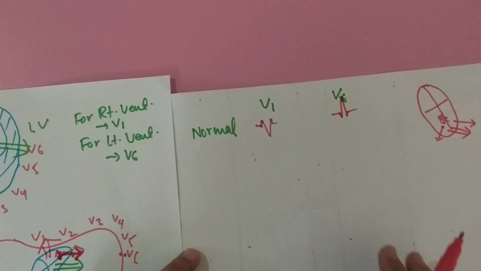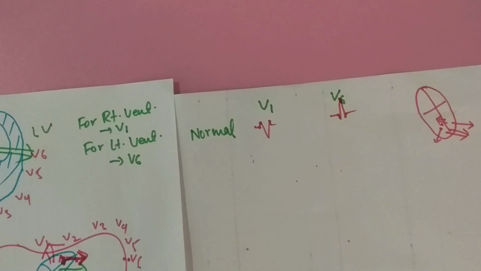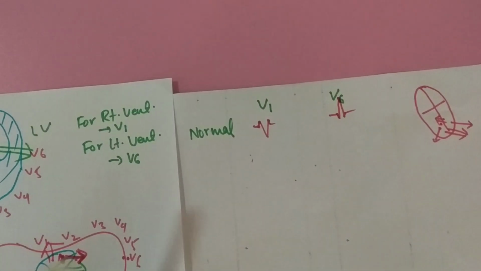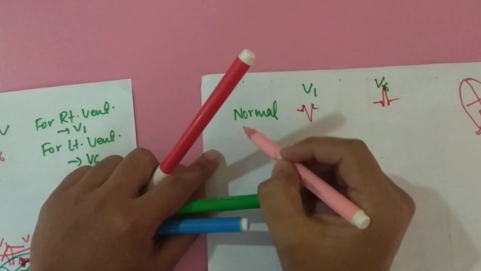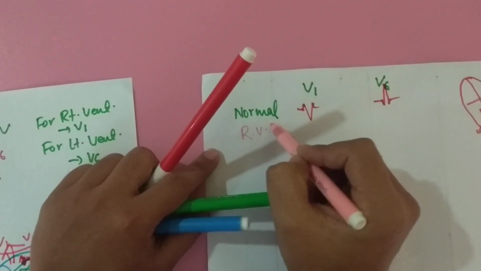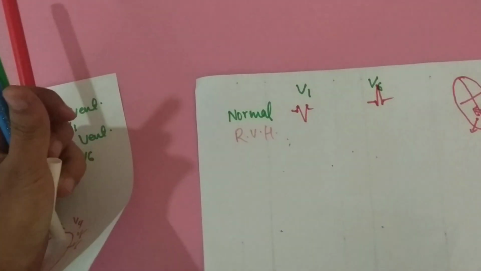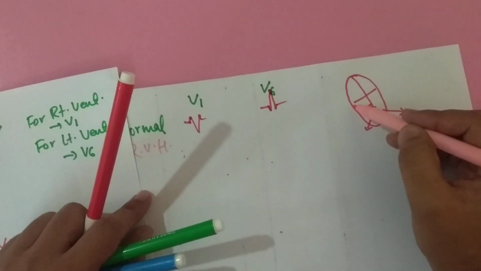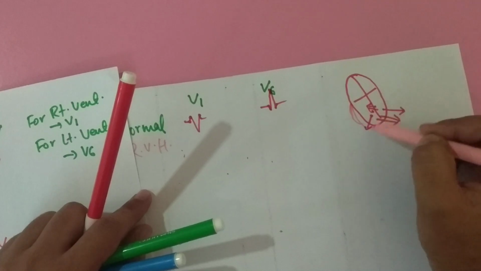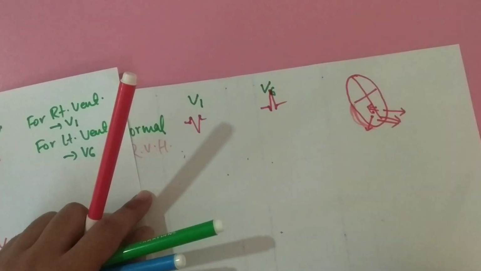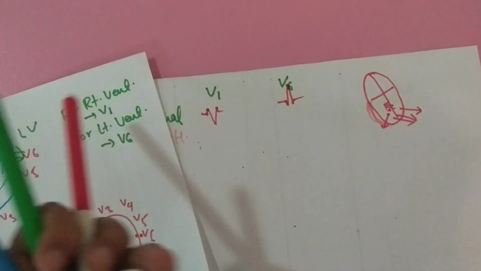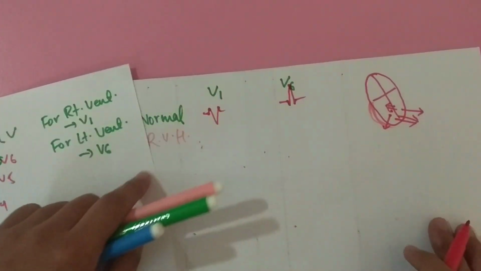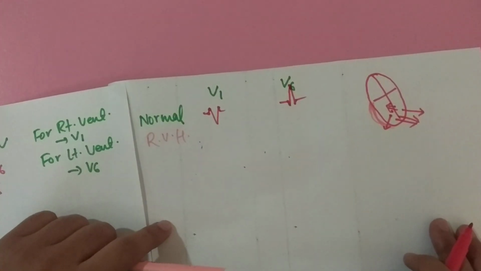Now we'll be taking right ventricular hypertrophy, RVH. So what happens in case of RVH? In case of RVH, you see the right ventricle will be hypertrophied, isn't it? So the magnitude of right ventricular depolarization will be greater.